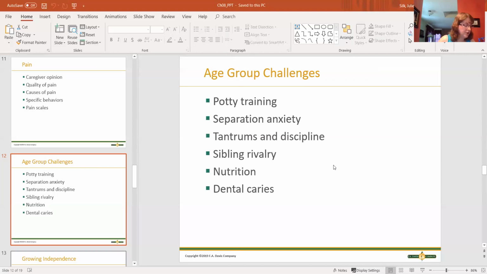All right, some other challenges that they talk about in the book is with potty training. This is a big one. So toilet training usually begins between 2 and 3 years of age. And then your kid has to be ready to do it or you're not going to have any luck. So the ability to have a dry diaper for a few hours at a time during a nap, that would be a sign that they're ready.